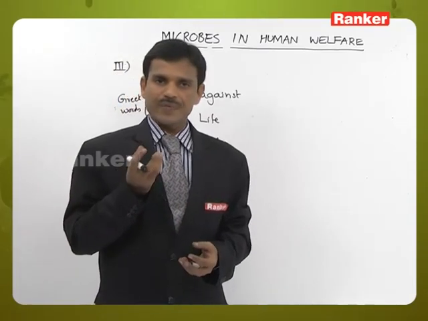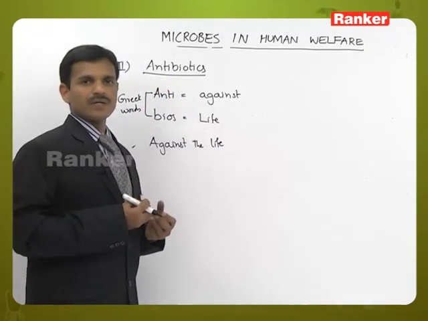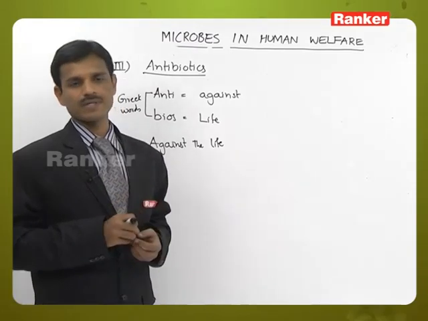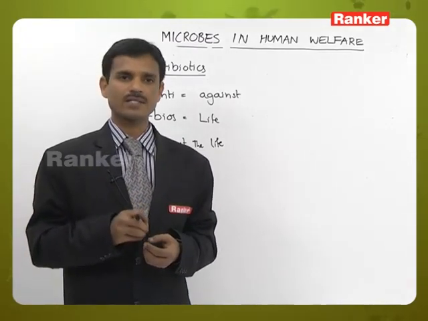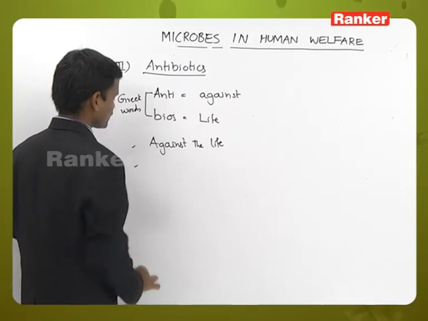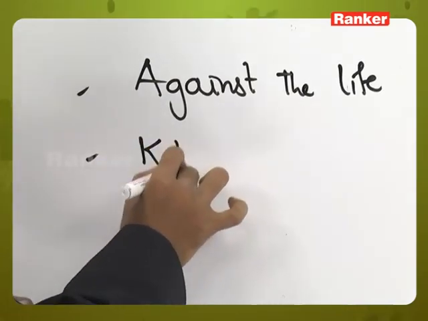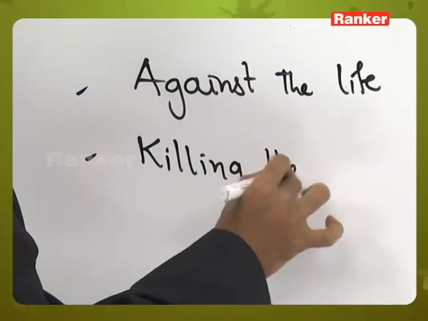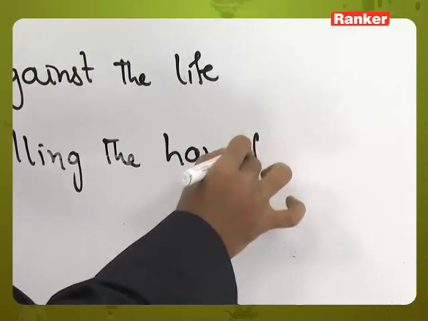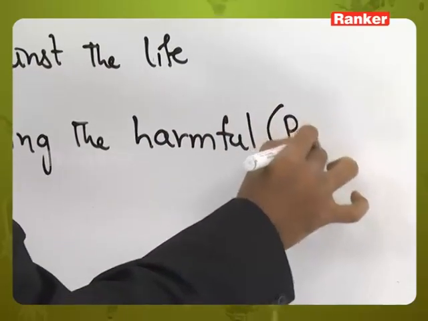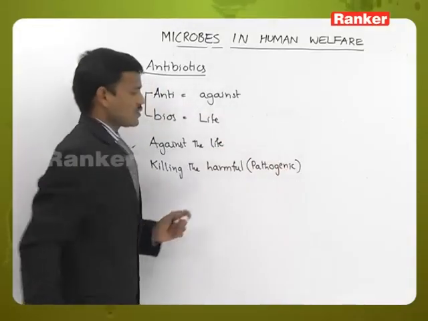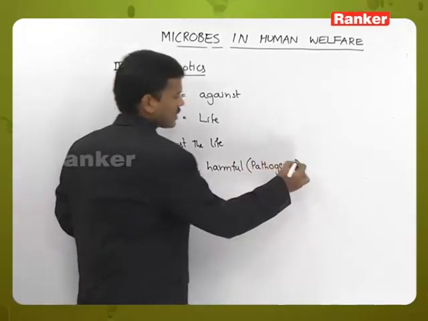Generally, antibiotics kill only harmful pathogenic organisms. They are not harmful to human beings and they are not harmful to plants or animals. Antibiotics are killing only the harmful pathogenic bacteria or microbes.